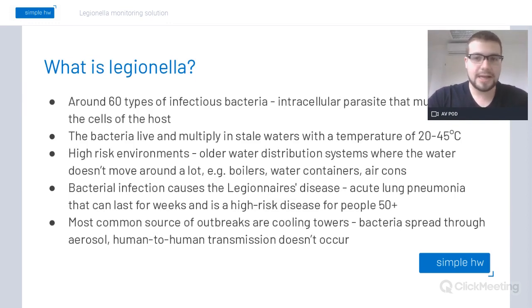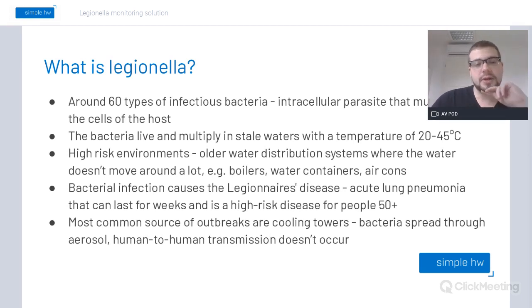The water has to be stale, and there has to be a certain temperature. If I remember correctly, there also has to be some kind of an amoeba that grows synergically with the bacteria, but that's a question for a biologist, not for us. If you want further information about the bacteria, I suggest you look it up on Wikipedia, just like I did.